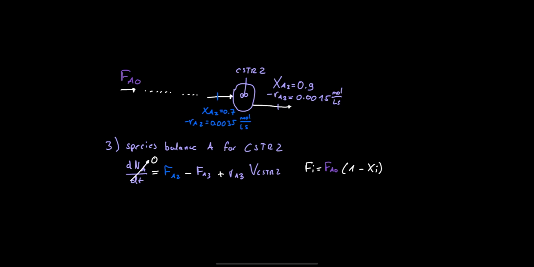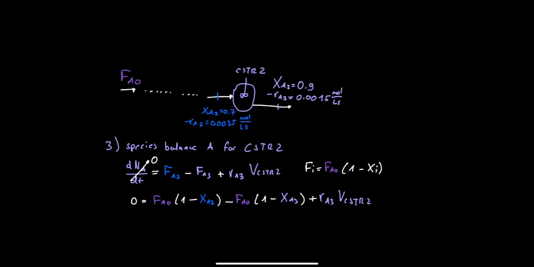So this is 0 because we have steady state, so 0 is equal to the entering molar flow rate times 1 minus the conversion A2, and minus FA3, which is FA0 times 1 minus the conversion A3, plus RA3 times VCSTR2.